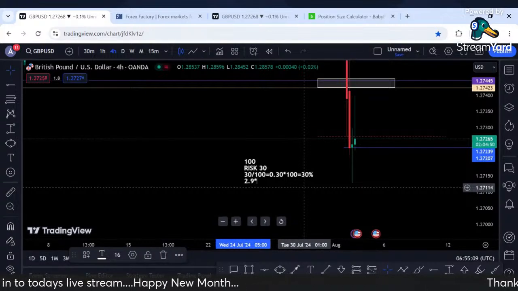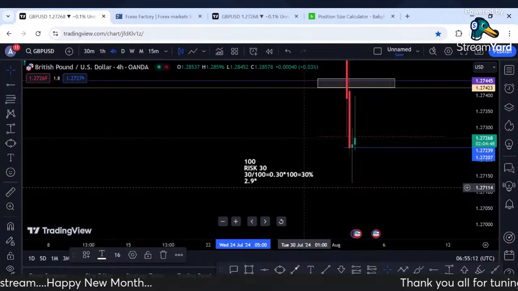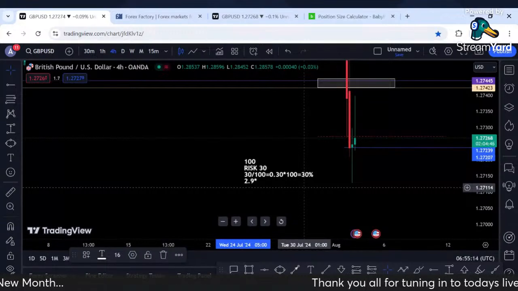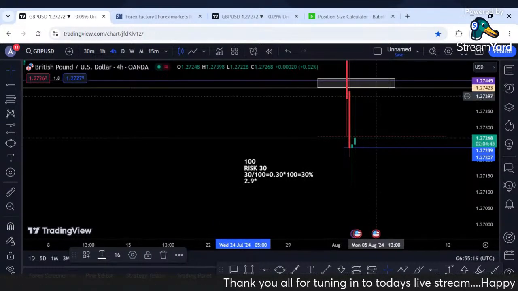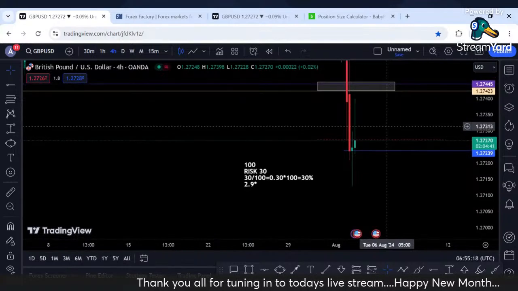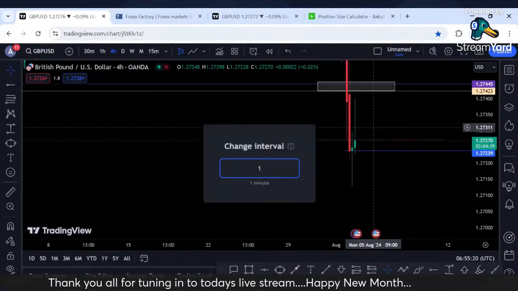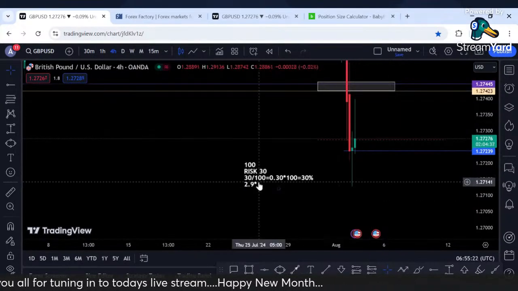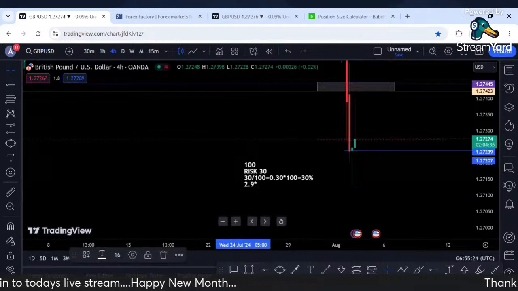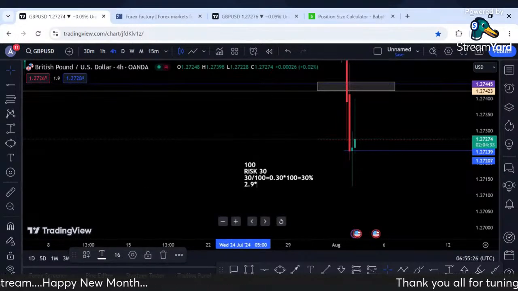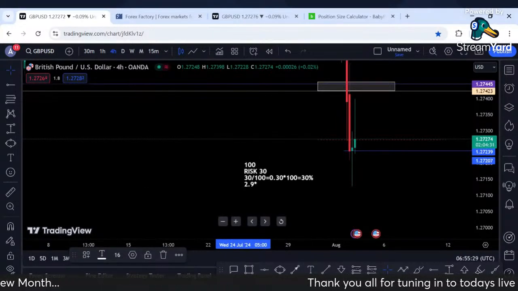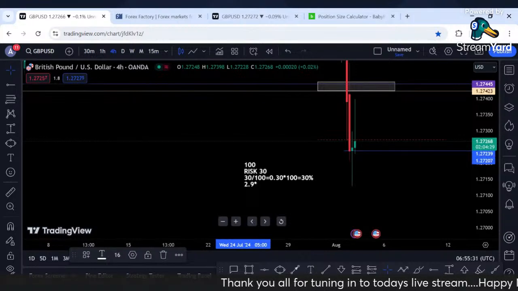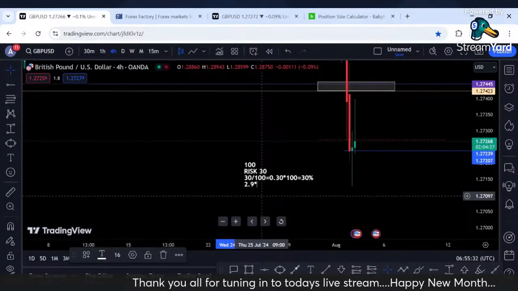How many pips are you risking? Multiply by your pips, which is 10 pips. So 2.9 times 10 is going to give you how much? It's going to give you $29.